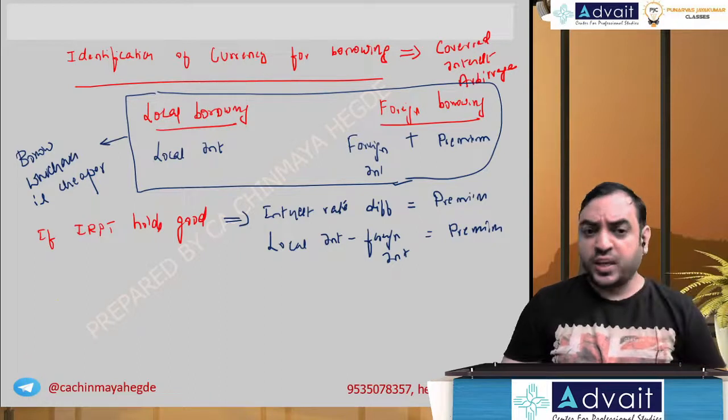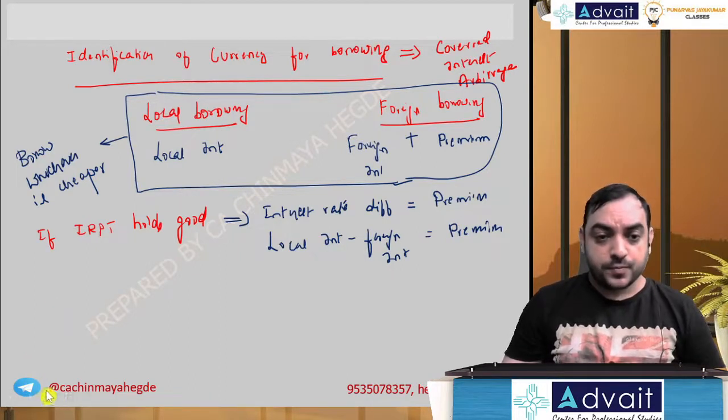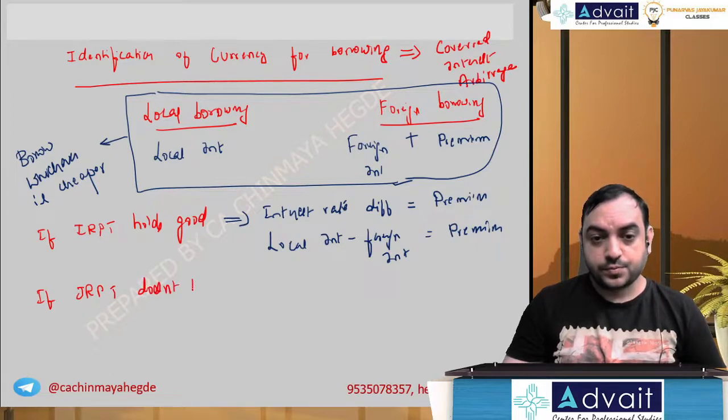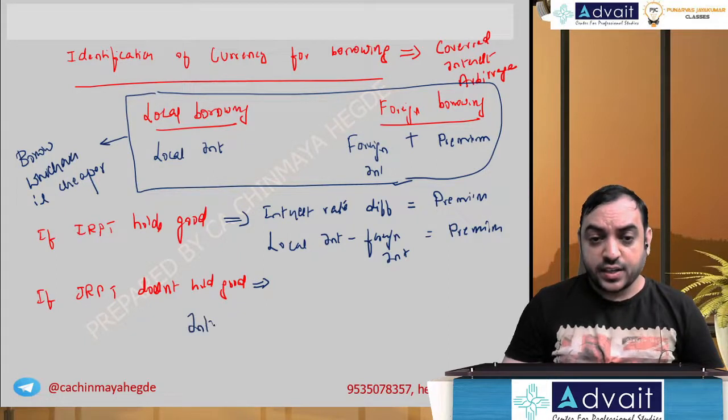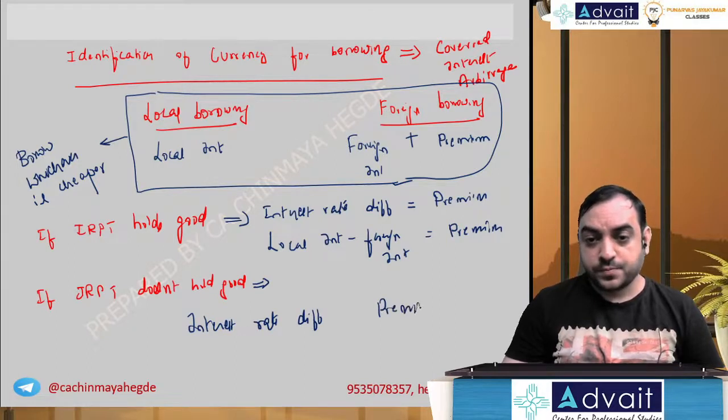It's better to borrow in one country. If IRPT does not hold good, that implies they are not equal. So we can choose which currency is cheaper to borrow. You write interest rate differential and premium.